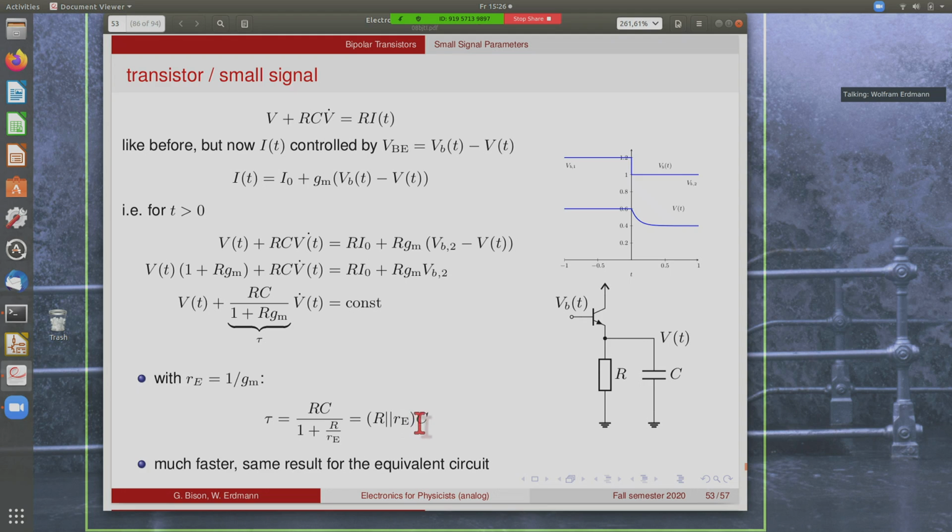So this is the same expression that you would in fact expect from the small signal model. And it's much faster than what we got for the current source. So first of all, it shows us that even if we do this in detail, we get the correct result. So the small signal approach is really applicable, also in the time domain.